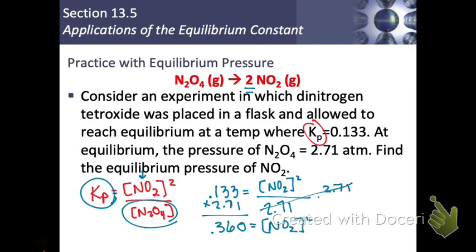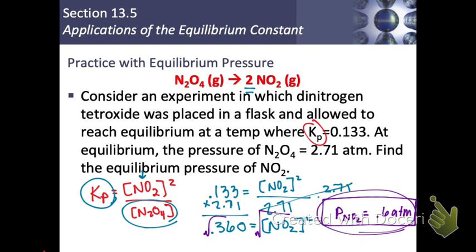And you're right, that's the point where I'm going to take the square root, doing that to both sides. And so I get a pressure, P of NO2, equal to 0.6 atmospheres. That's where we're going to stop for today.